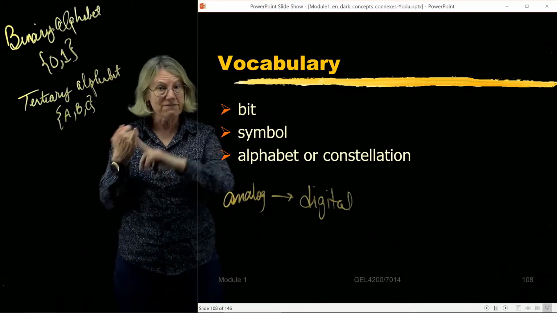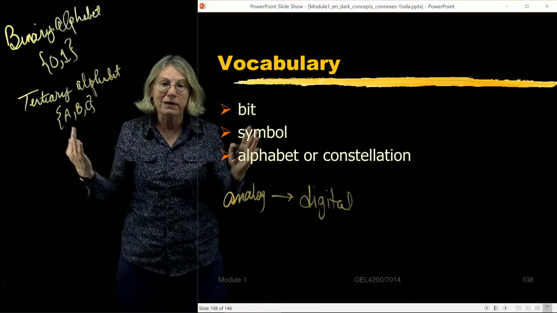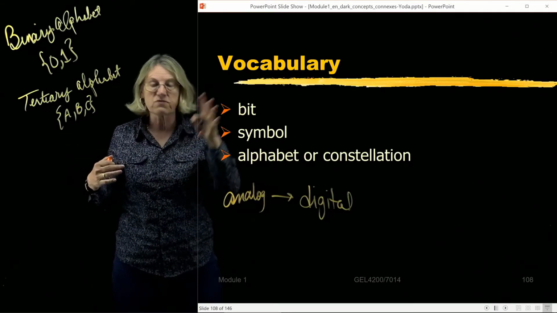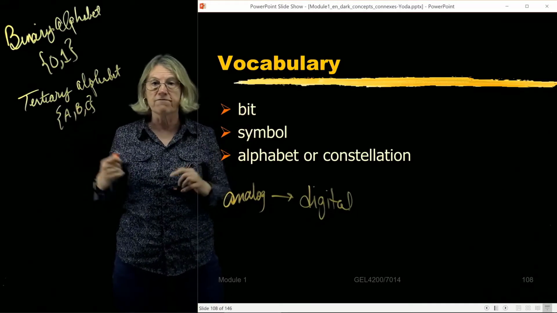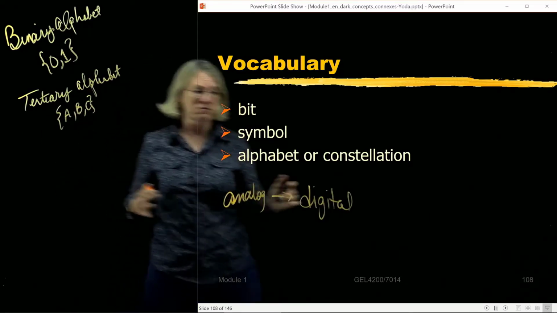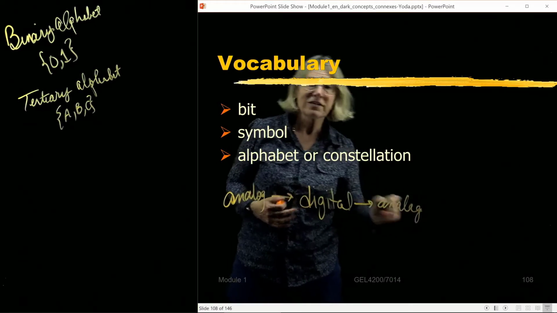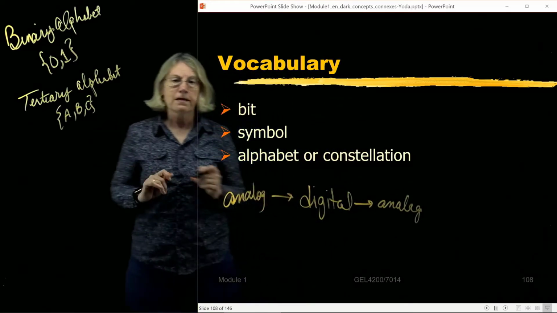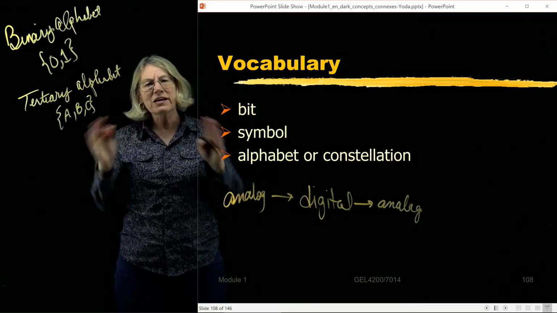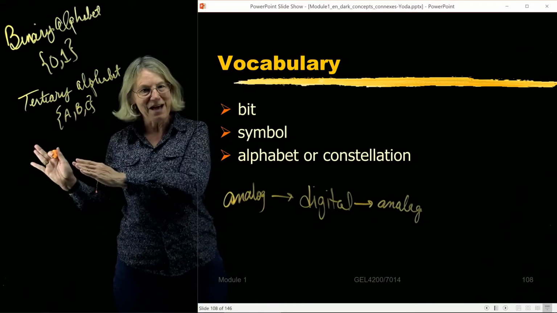I have to either send a voltage or send some light, depending on what my communications media is, if it's a fiber link or a free space visible link or a wireless RF link, maybe I have to send a carrier. So there's all kinds of different forms it can take, but finally I have to put it back to analog when it's actually going over the air. So these are a couple of the ideas that we're going to be seeing in this very little introductory section where I talk about PAM and PCM.